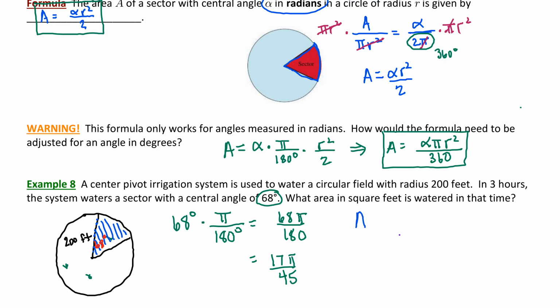So the area formula is alpha r squared over 2. Now we can plug in 17 pi over 45 times the radius, which is 200 squared, all divided by 2. I'm going to type that into my calculator all at once, and we're going to round to the nearest square foot.